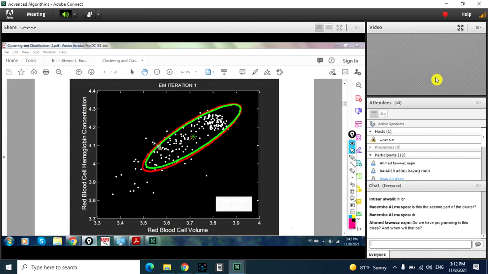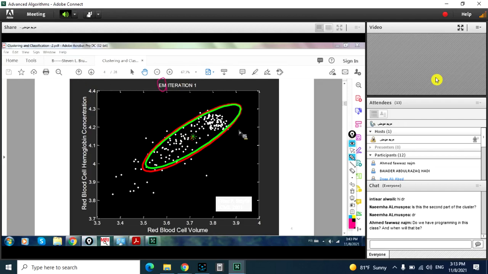We first initialize two Gaussian models, and then we iterate on this data. After that, we update the parameters by the expectation maximization algorithm. How it updates, we have the math in the book.